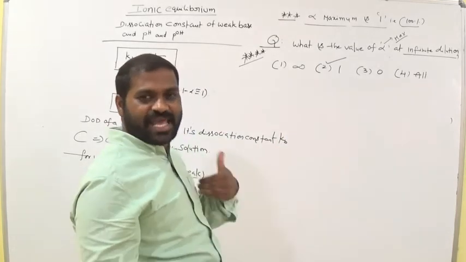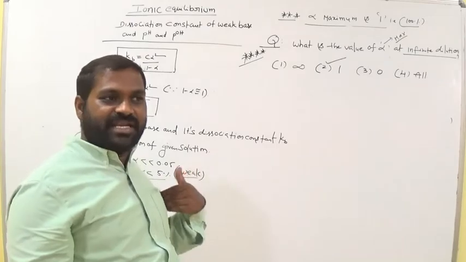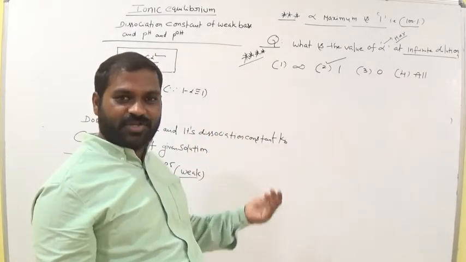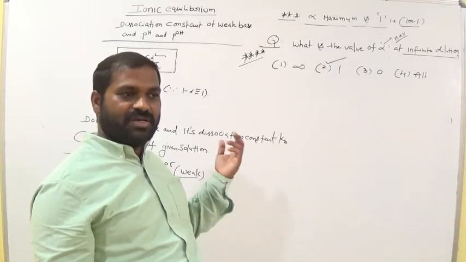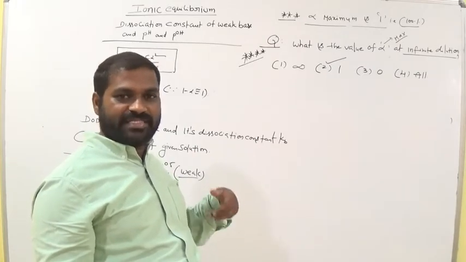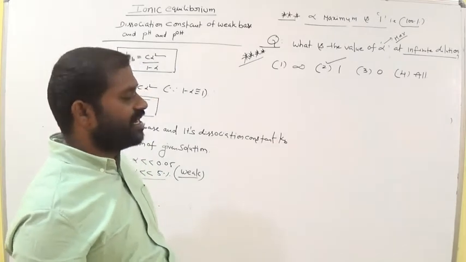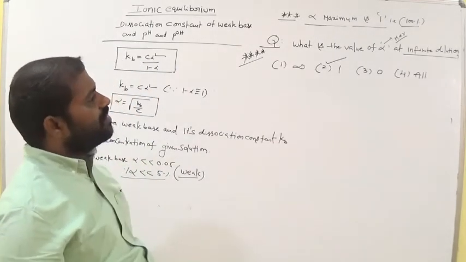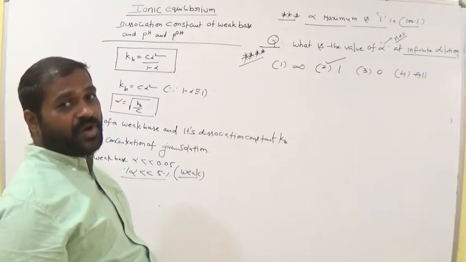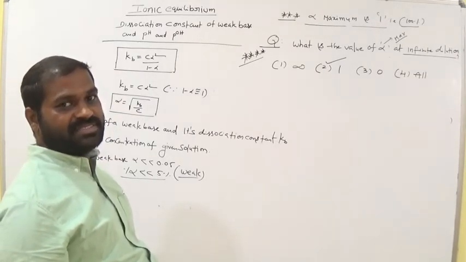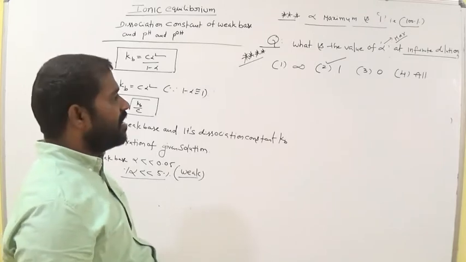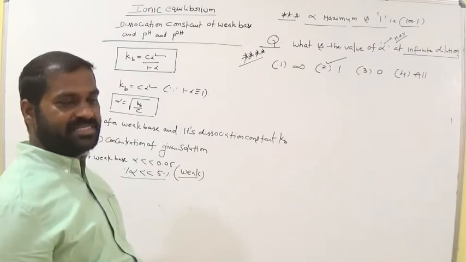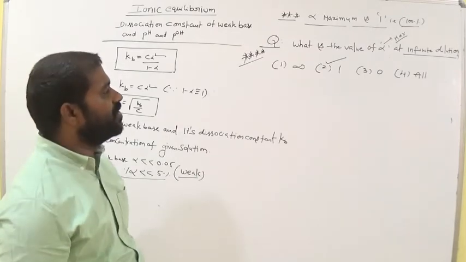If alpha is less than 1, like 0.05, 0.06, 0.04, it is termed weak, a weak acid or weak base. Alpha equals 1 for strong acids and strong bases, because they are completely ionized. So even at infinite dilution, alpha maximum is 1.